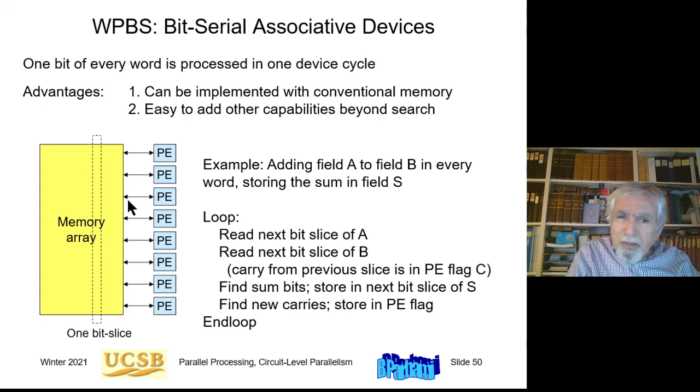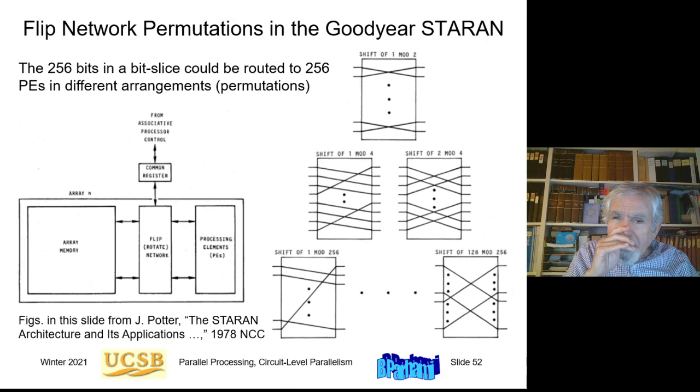In order to allow these kinds of communications, Staran had this network sitting between memory and processors. So instead of routing memory location 0 to processor 0, memory location 1 to processor 1, it could rearrange them into different patterns.